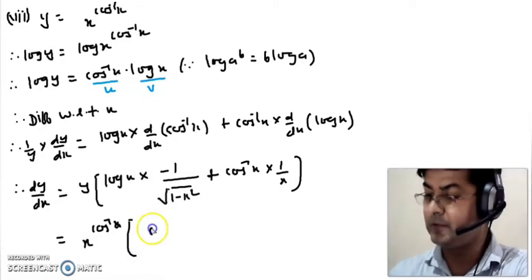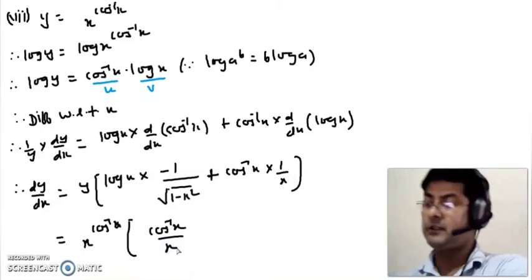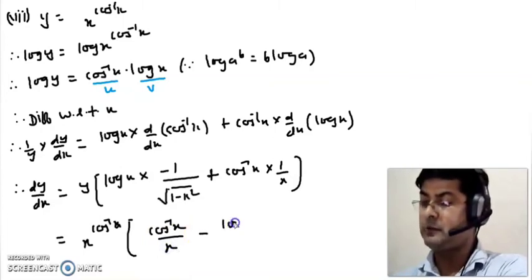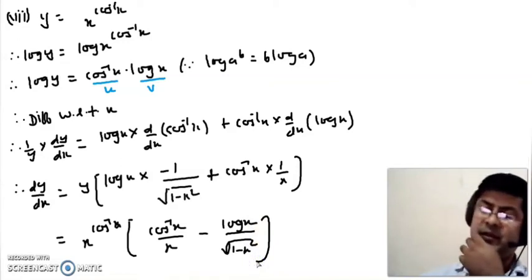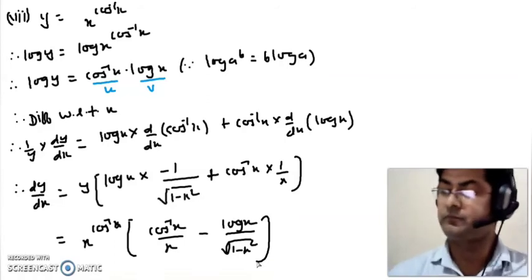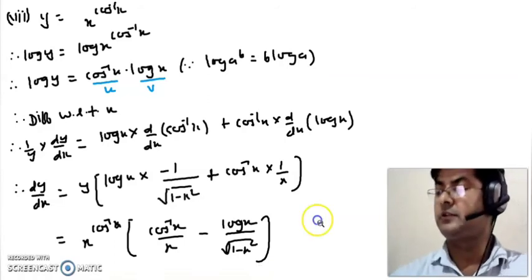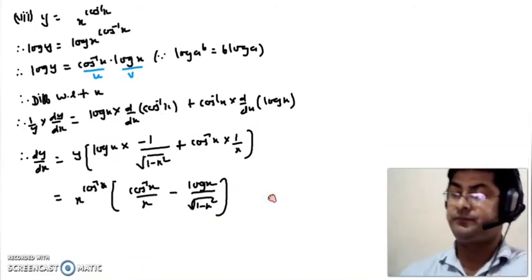And we have positive terms. We can write plus first, so cos inverse x by x minus log x upon square root of 1 minus x square. No need to further simplify. One step you can do, you can take LCM and write down. So let me show that one more step.